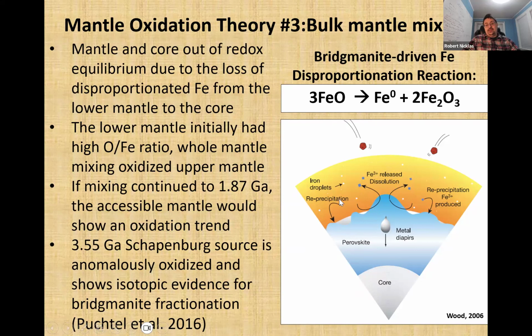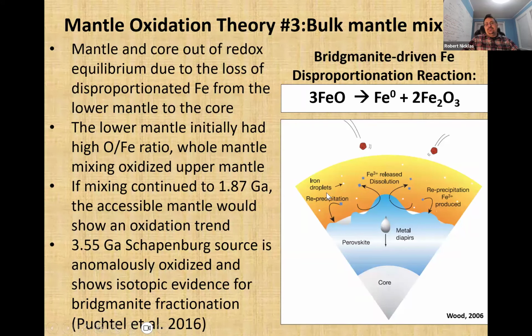We'd have to mix them well to lead to overall mantle oxidation. So what we postulate is that most of this mixing had occurred by 3.48 billion. Most of the mixing occurred shortly after core formation.